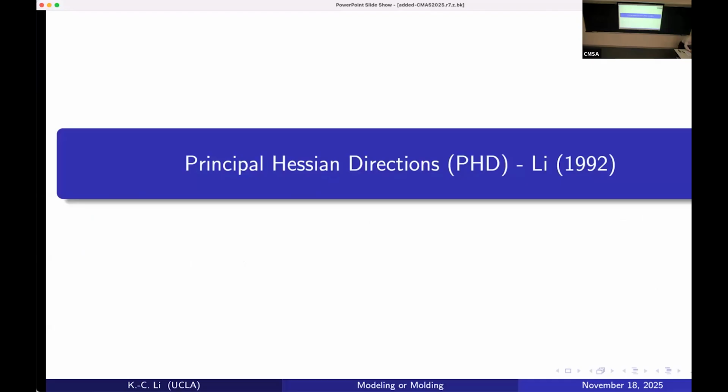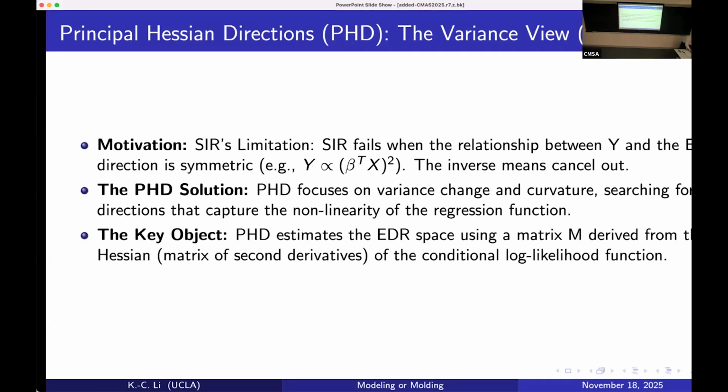So that's one method, and later or simultaneously, I think Dennis Cook noticed that it will fail if there are some sorts of symmetries playing around. For example, y is proportional to beta x squared, because if I condition on y, then the positive and negative signs will cancel out. So you get 0, and the space that was captured is actually degenerate. So what do we do?